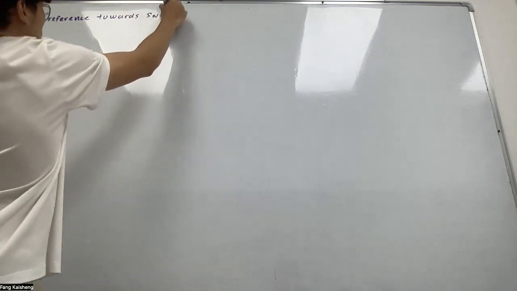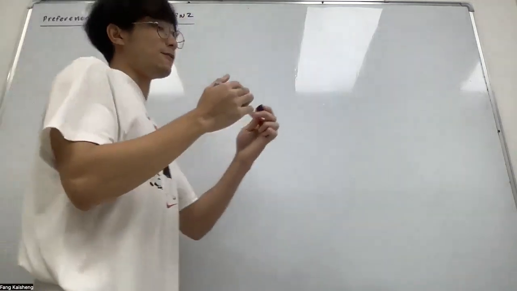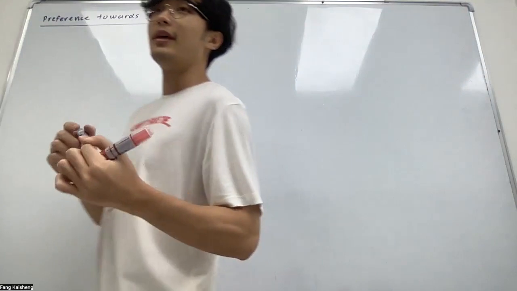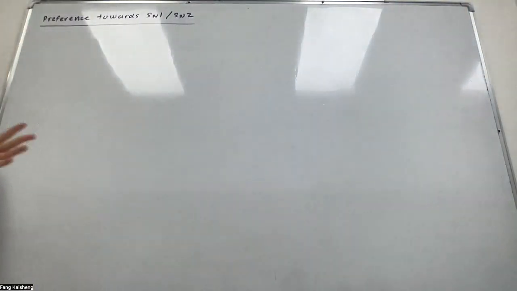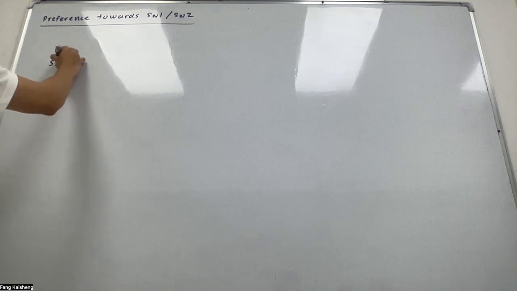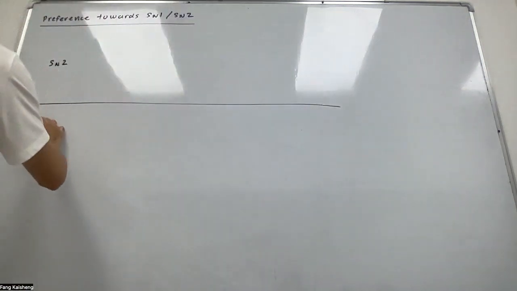Now, as mentioned just now, SN1 is favored by what kind of halogenoalkanes? Tertiary. But SN2 is favored by primary. We have to understand why. So I want you all to draw this table. First, we have SN2. And then we have SN1.